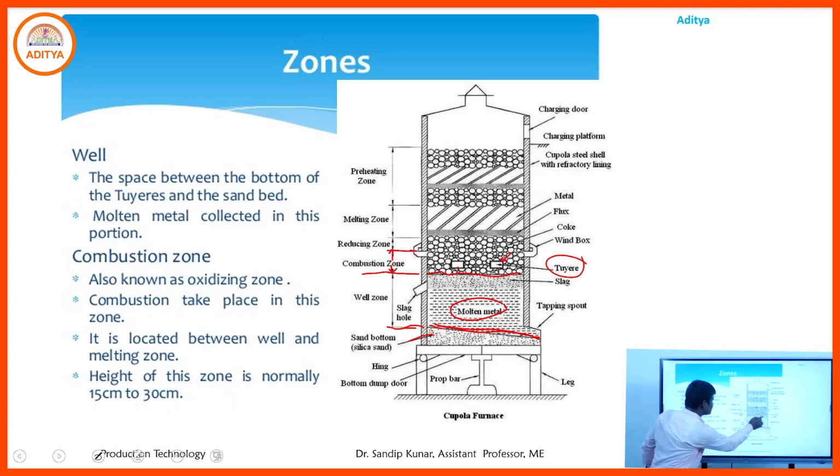Actually, it is the space between the upper part of the well zone and the lower part of the reducing zone. Here combustion takes place.